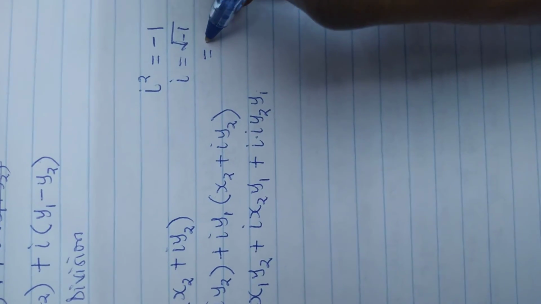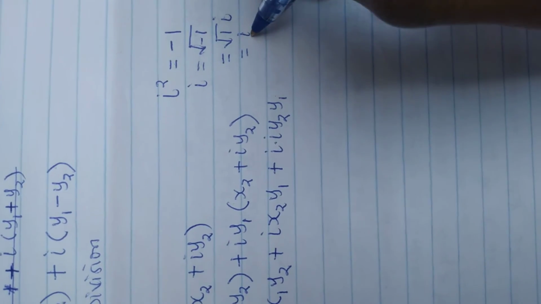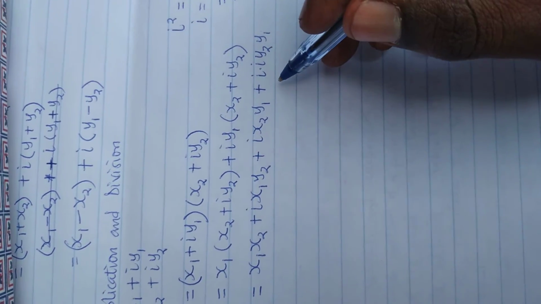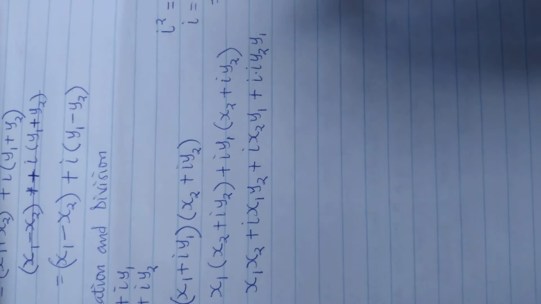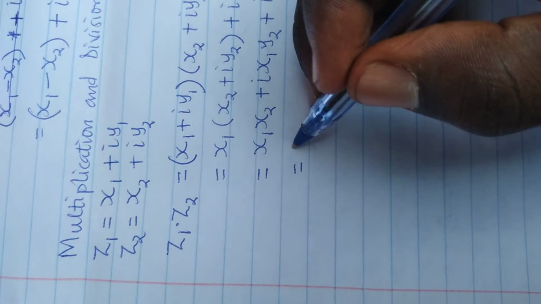So whenever you're finding the square root of a negative number, you get the square root of that value, then you assign it the value I. Don't forget that. So here we have I times I, which is I squared, which is -1.